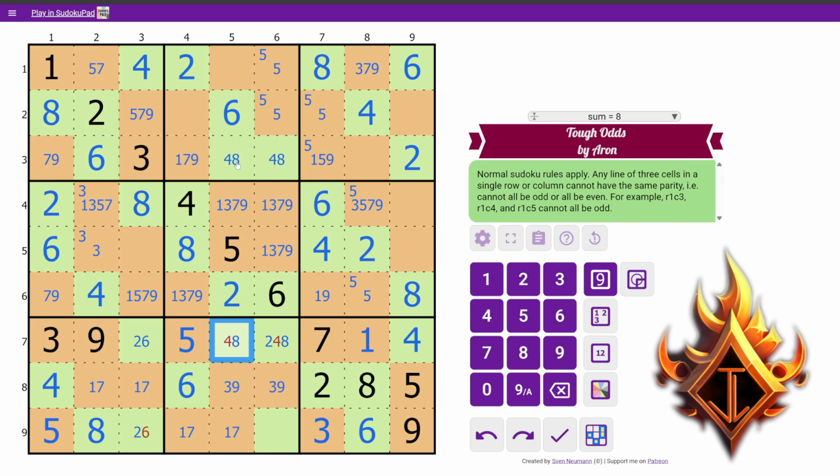Be careful, because I don't know if these were fully marked or not. Is that all the evens? It appears to be all the evens. That is good.